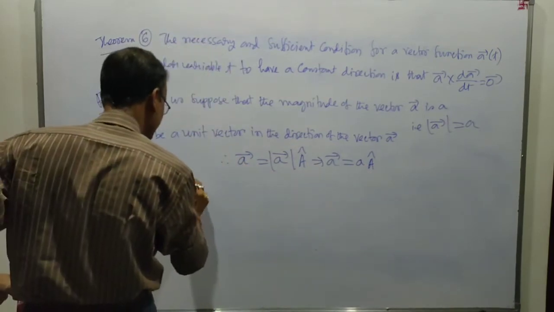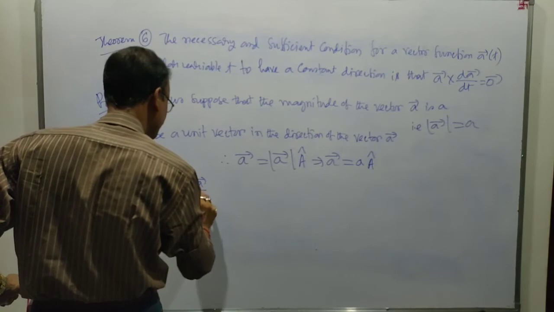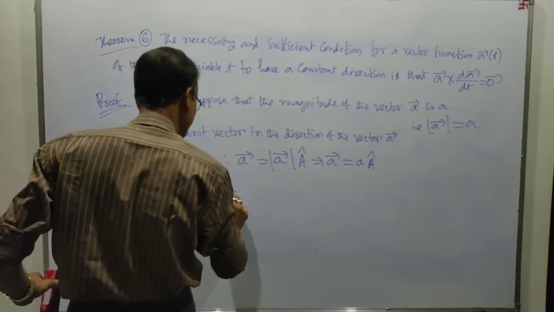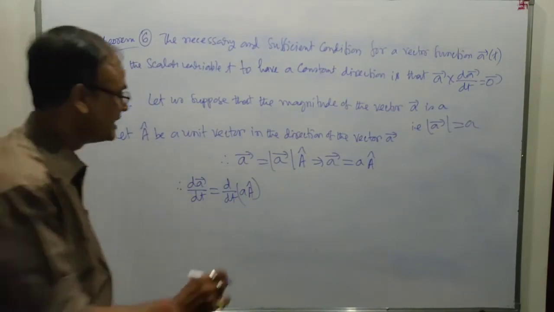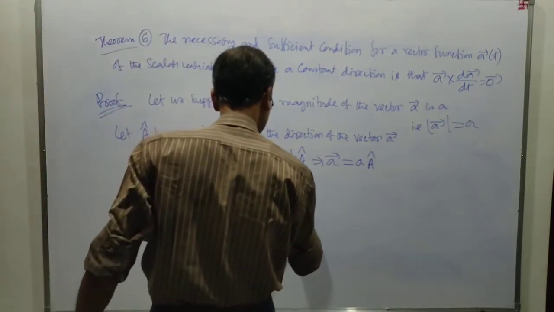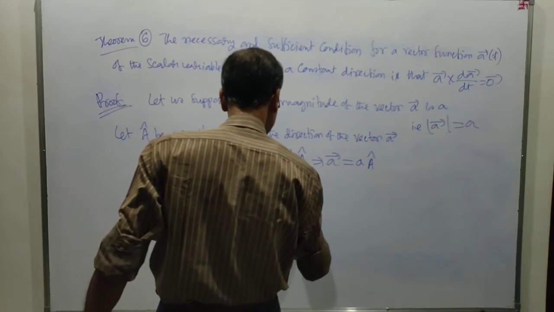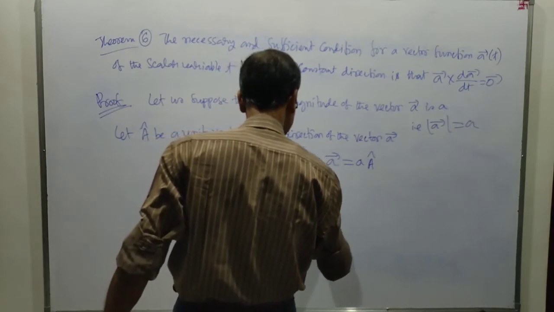Therefore, dA vector by dt will be like this: A into A cap. This is equal to A dA cap by dt plus dA by dt A cap.